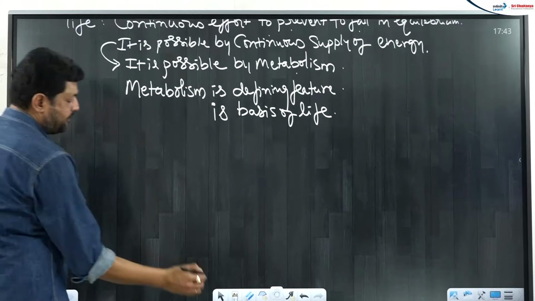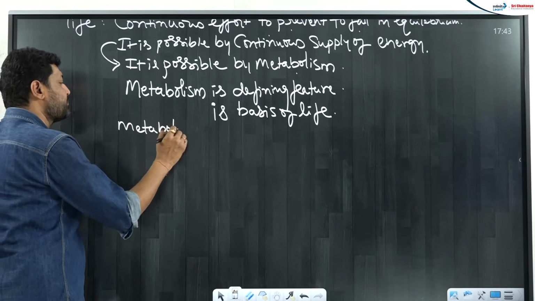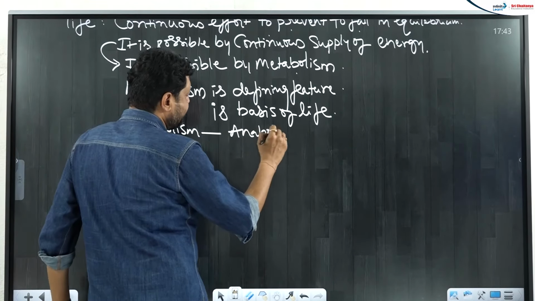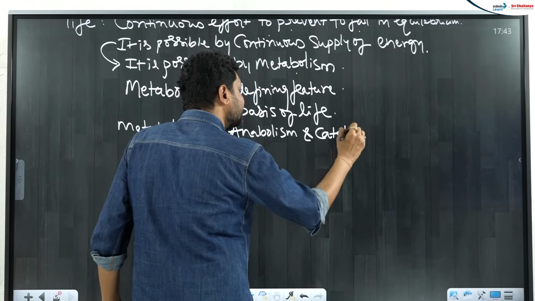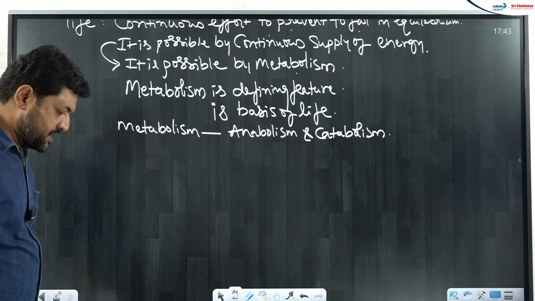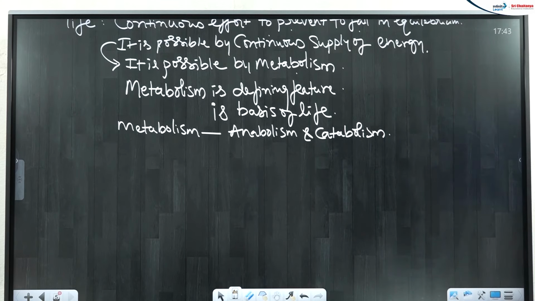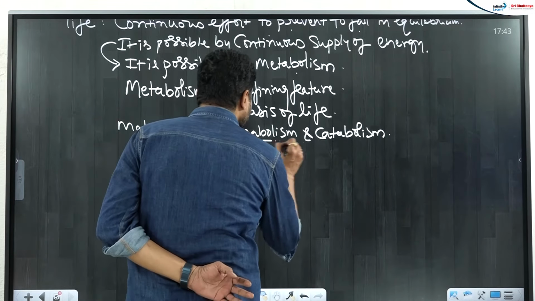Metabolism includes anabolism and catabolism. Anabolic constructive reactions, that is photosynthesis, protein synthesis, ATP synthesis, these constructive reactions are anabolism.